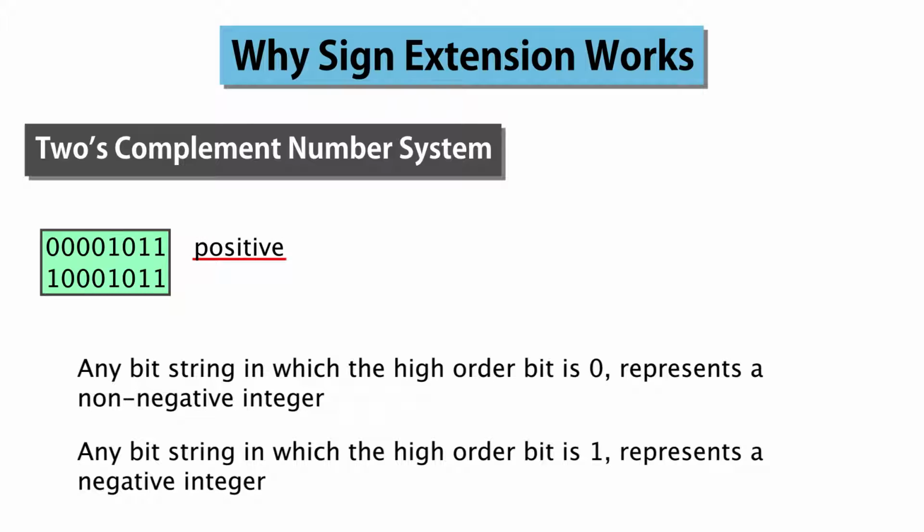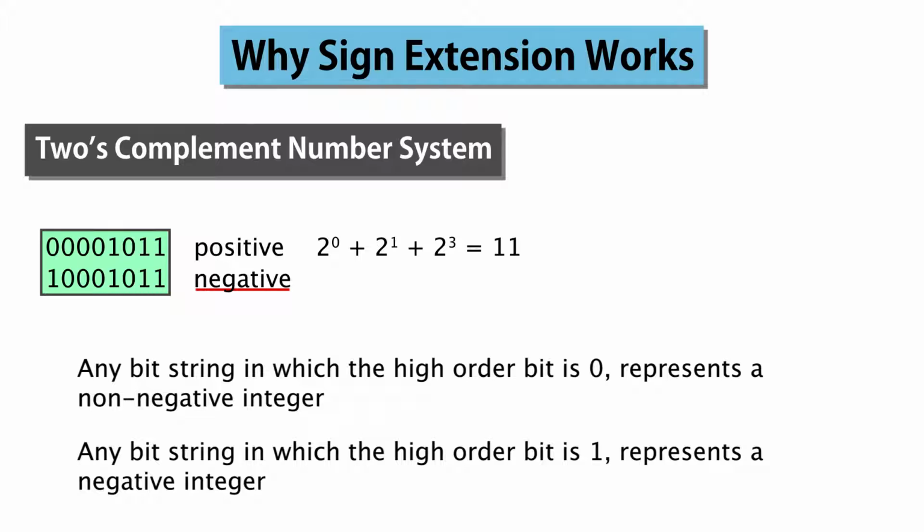Counting from the right, it has 1s in the 0th, 1st, and 3rd bit positions. That means that it represents 2 to the 0 plus 2 to the 1 plus 2 to the 3, or 11. In the case of our second example, since the high-order bit is a 1, this represents a negative number.